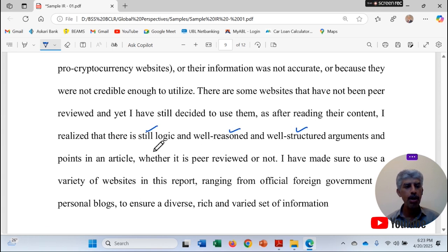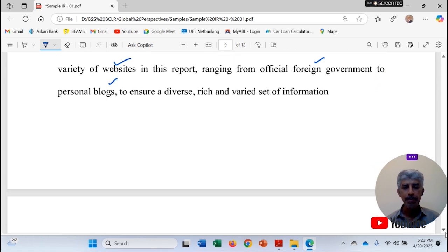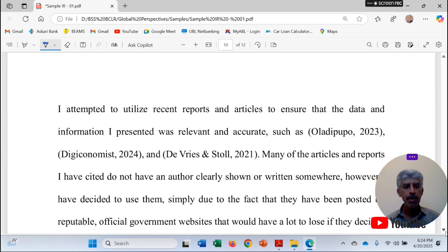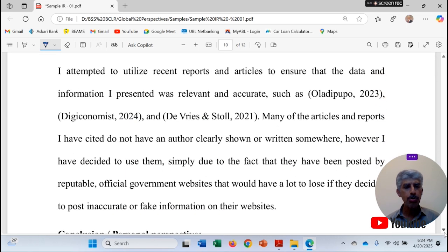"So I realized that there is still a logical, well-reasoned and well-structured argument and point in an article, whether it is peer reviewed or not. I have made sure to use a variety of websites in this report, ranging from official foreign governments to personal blogs, to ensure a diverse, rich, and varied set of information." So it means that he has explained why he has used certain references over here.